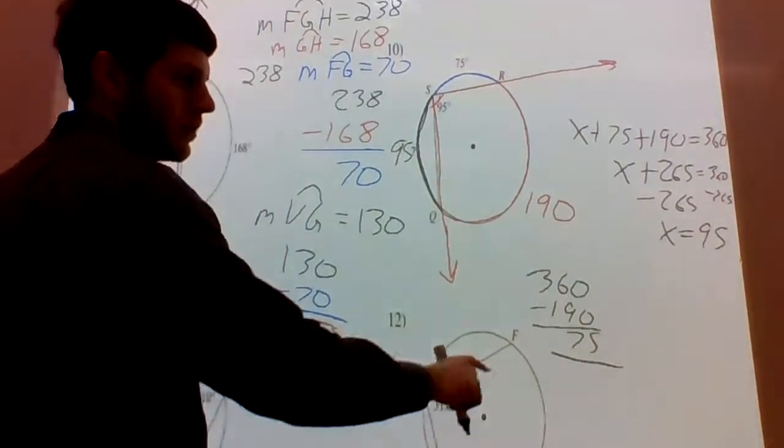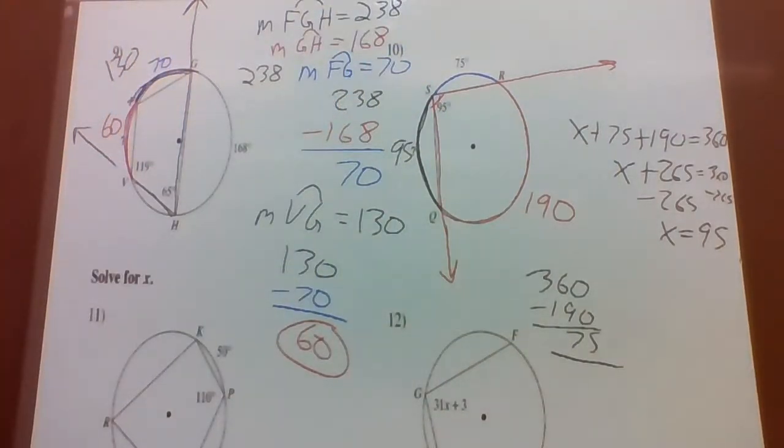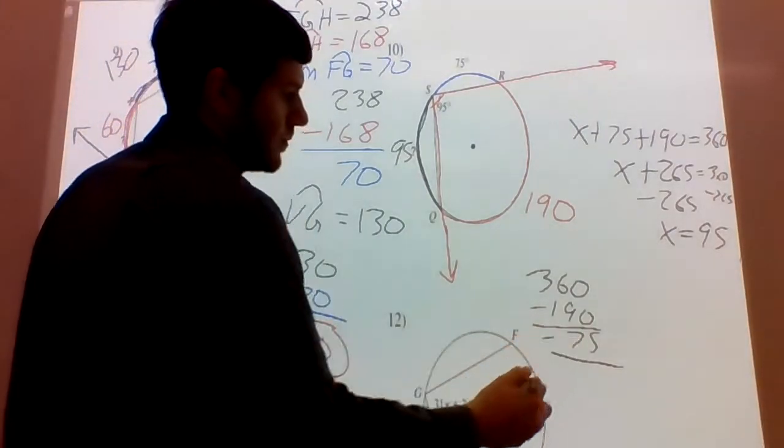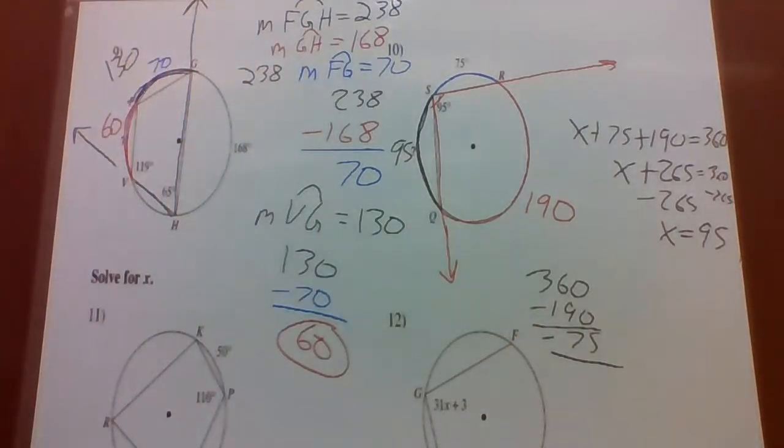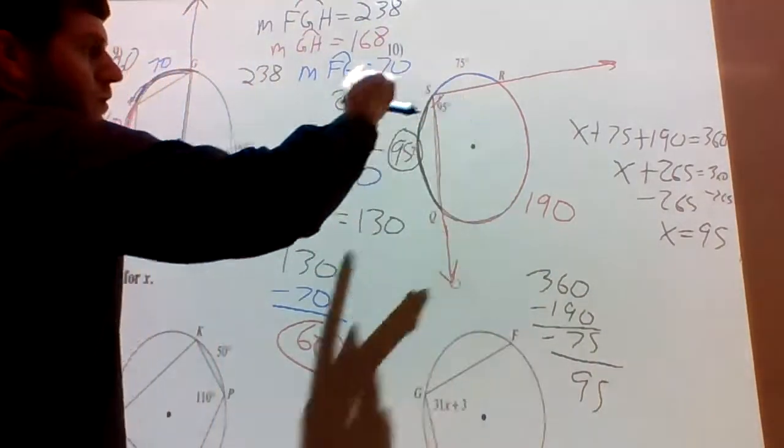The other way, also, same thing. We're just subtracting 265. That's going to give us 360 minus 190, which is 170. 170 minus 75 is 95. So the whole thing adds up to 360.